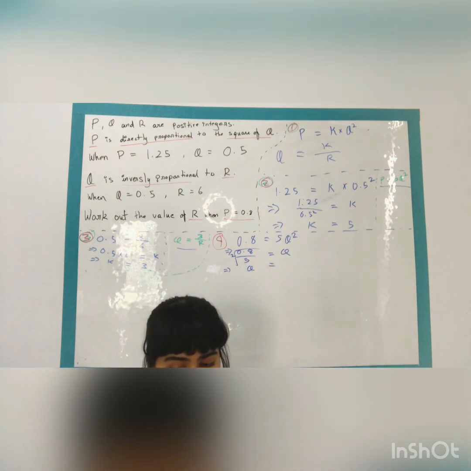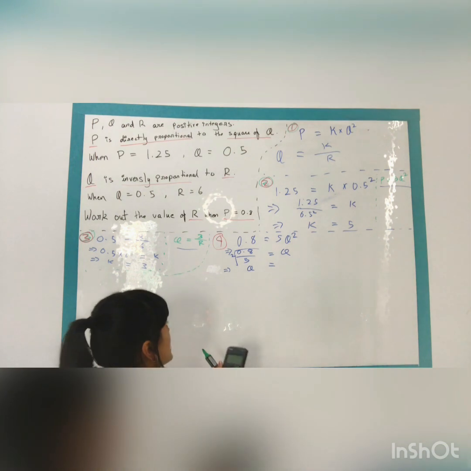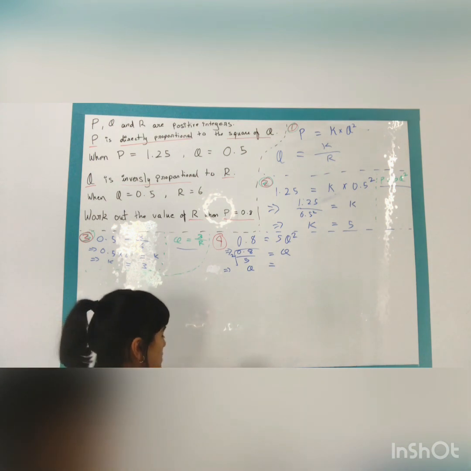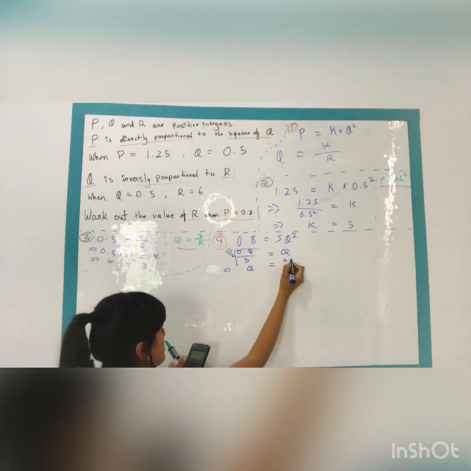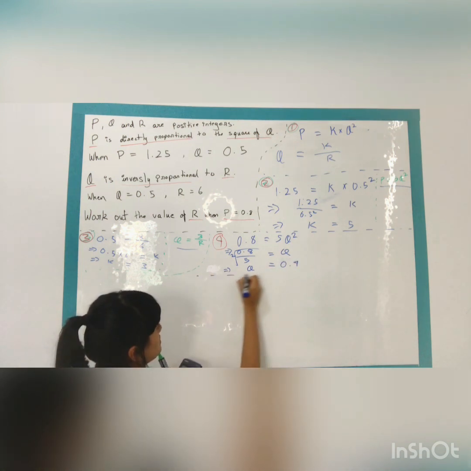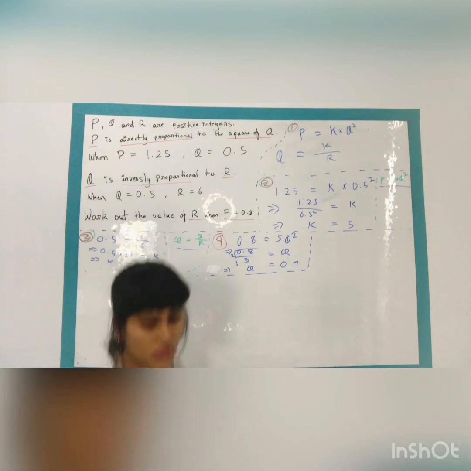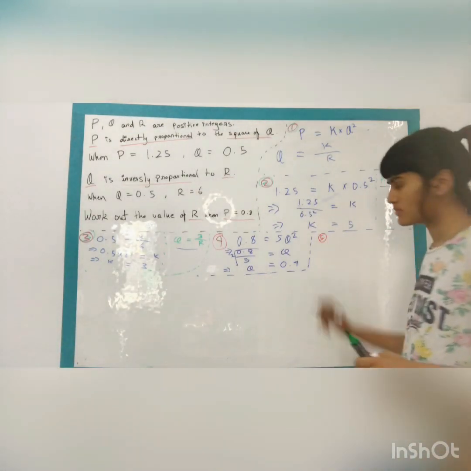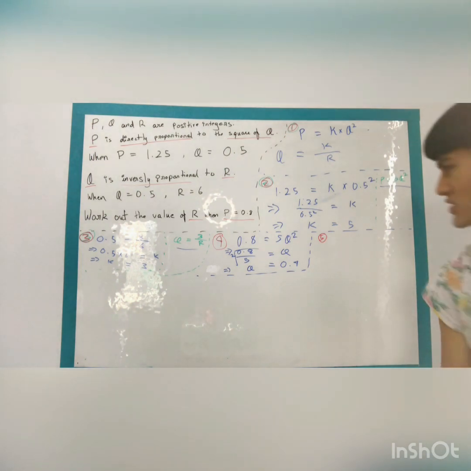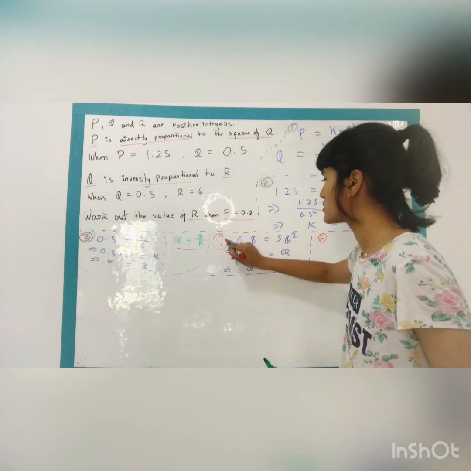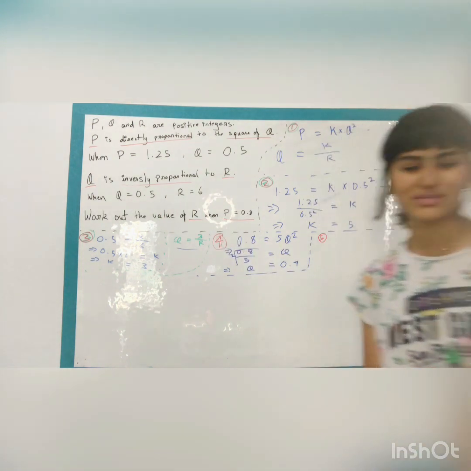Q is equal to... I've got to get my trusty calculator, everybody. We have the value for Q, which is 0.4.